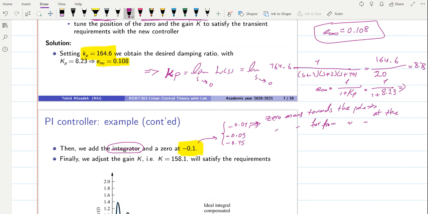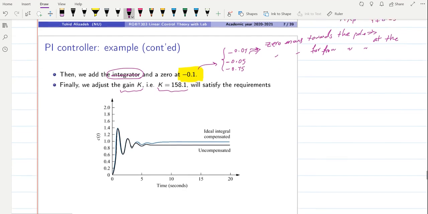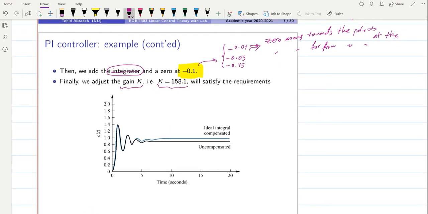So for now, let's say that we have added a pole at the origin and the 0 at minus 0.1, and then if we readjust the gain of the controller, we will get the value 158.1, and with that value the closed loop poles of the system will be located at the exact same place that we had.